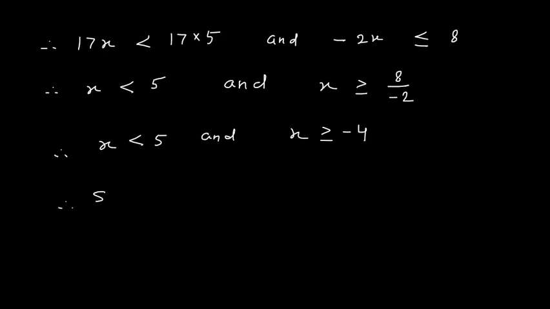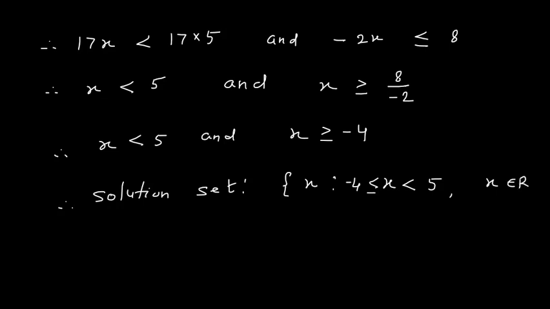So therefore I will say that solution set, it is all x where x is greater than or equal to minus 4 and it is less than 5, and x will belong to real number.